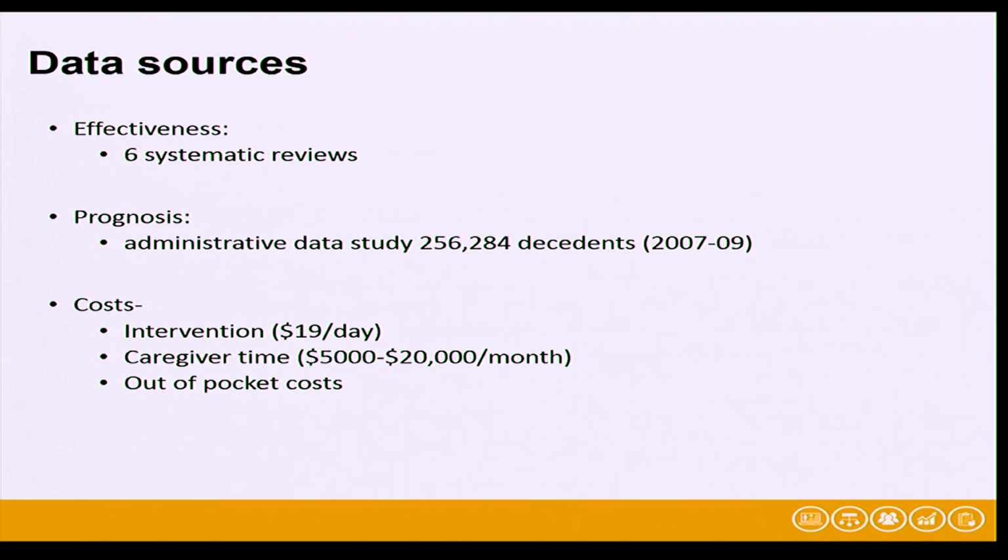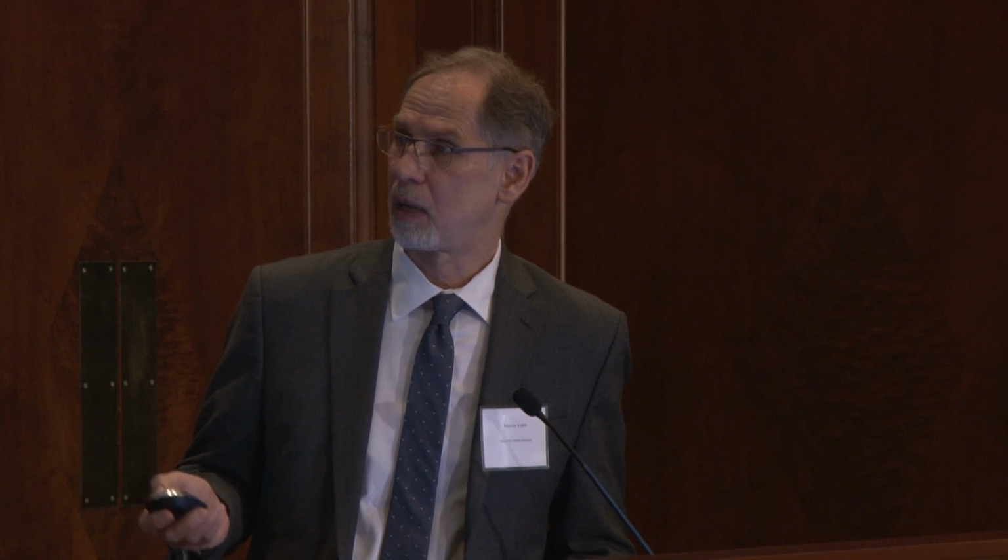We looked at a variety of costs. The cost of the intervention was about $19 a day, which translated to a cost of about $4,000 over the last year of life for patients who were receiving it. A very large component of cost was caregiver time, which ranged between $5,000 and $20,000 per month. And then we also looked at out-of-pocket costs.